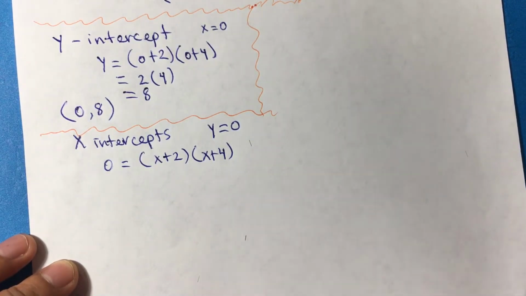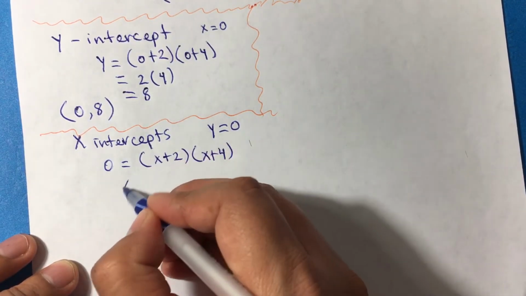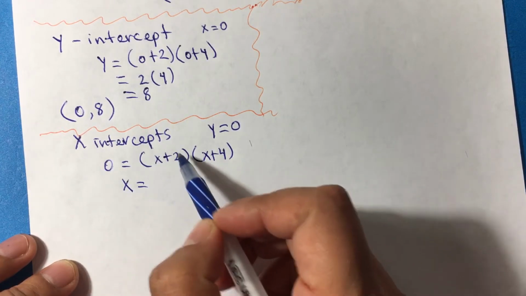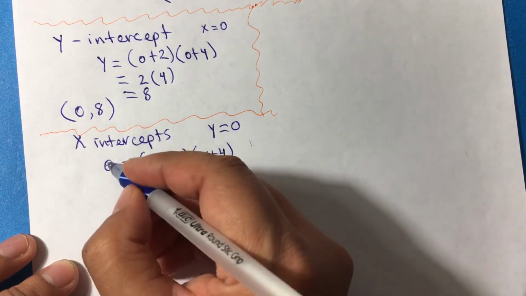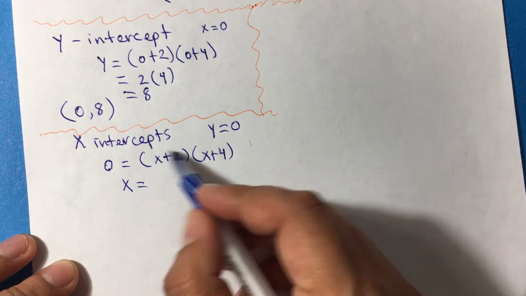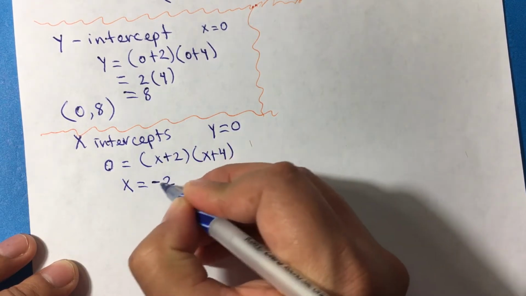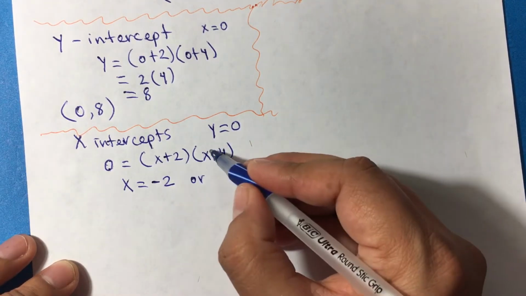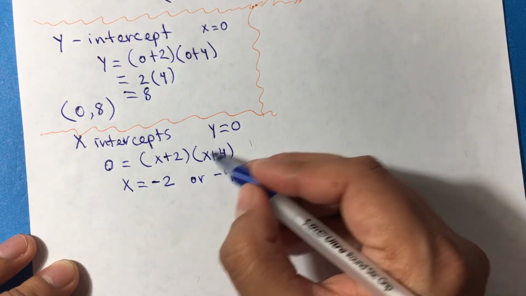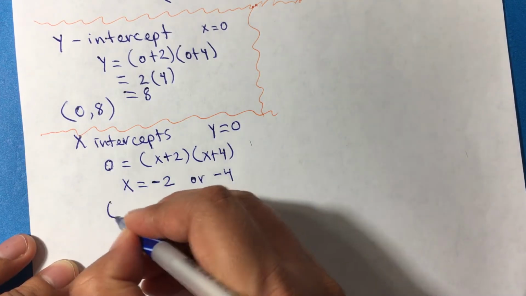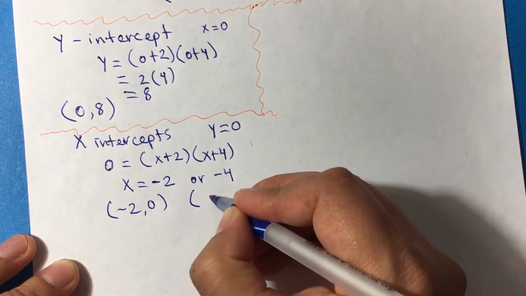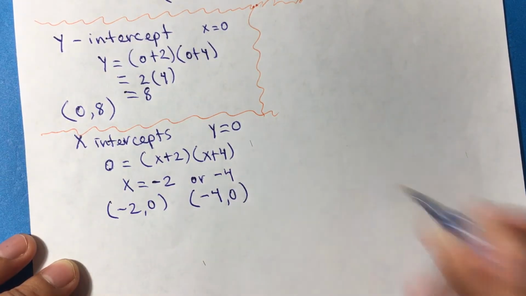Once it's factored, to be able to solve this, each factor needs to be 0 because 0 times anything will be equal to 0. What value for x will make this factor a 0? Negative 2, because negative 2 plus 2 is 0. This needs to be negative 4 because negative 4 plus 4 becomes 0. So my x-intercepts are at negative 2, 0, and negative 4, 0.